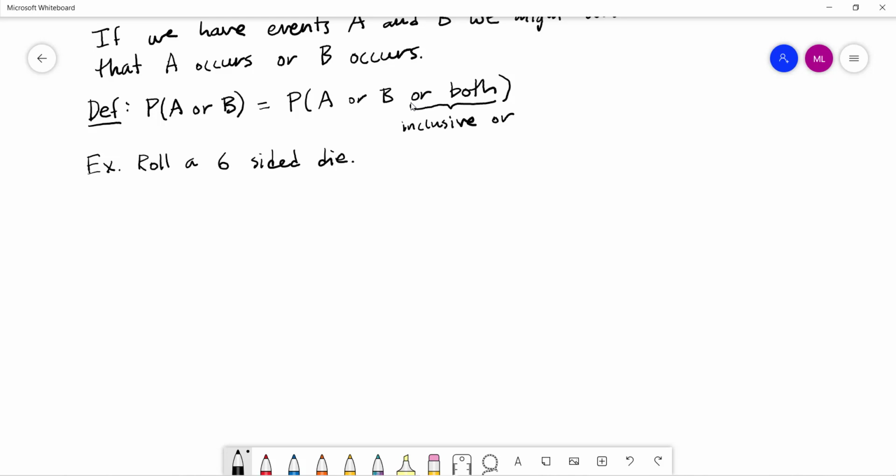And I want to ask the probability of a compound event made up of two different events. The first event, A, I want to let A be the event of rolling an even. And event B, I want to let that be the event of rolling a multiple of 3.